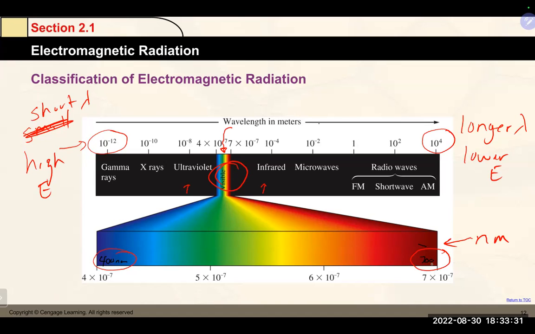And on the red side, has a much longer wavelength, which means the color red, as we saw on the previous slide, is going to be lower in energy than, say, over here at the violet purple side of the spectrum, where it has a much shorter wavelength and higher energy. So energy is increasing as you go this way in the visible part of the spectrum. And you do need to know the visible part of the spectrum and the colors and which one is highest in energy, lowest in energy.